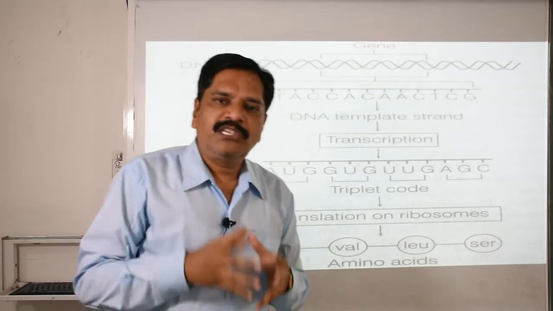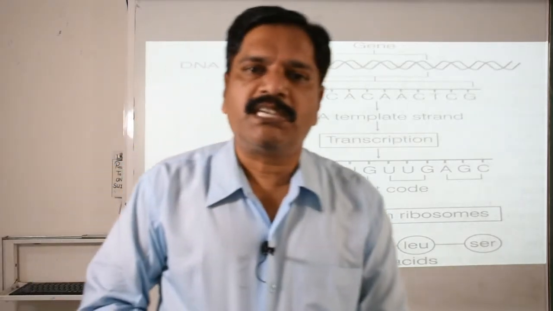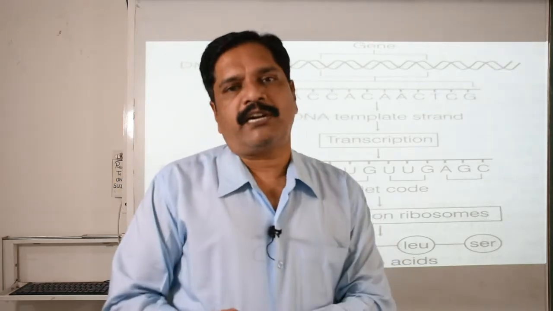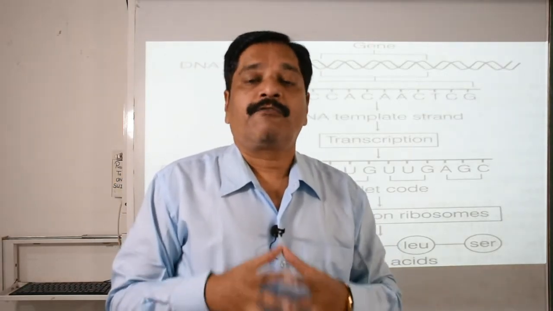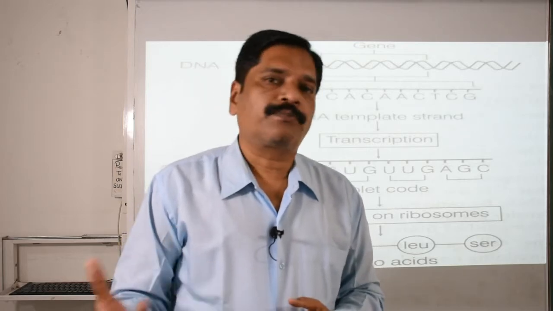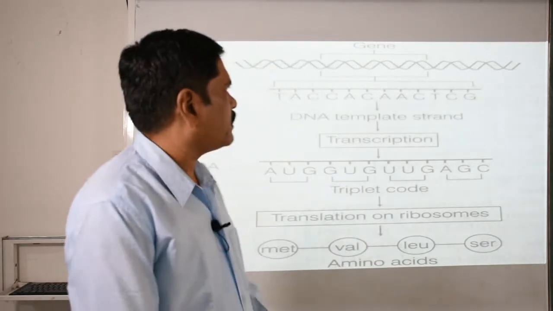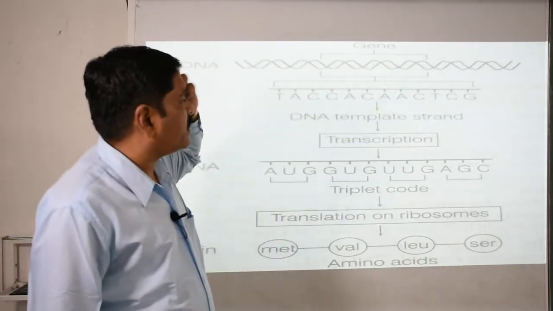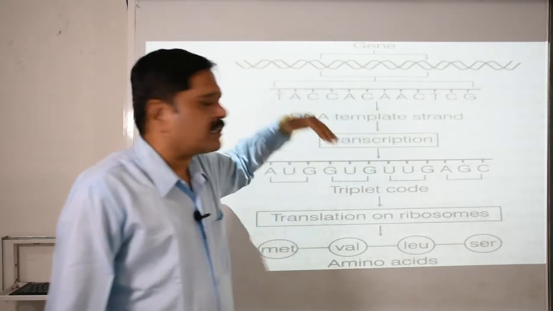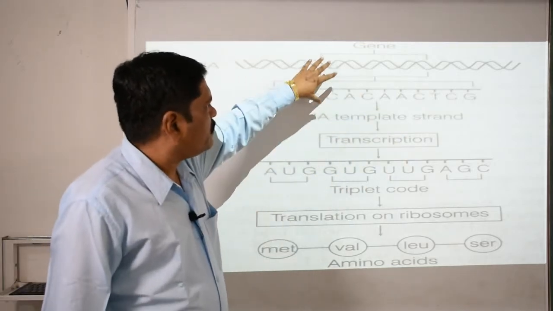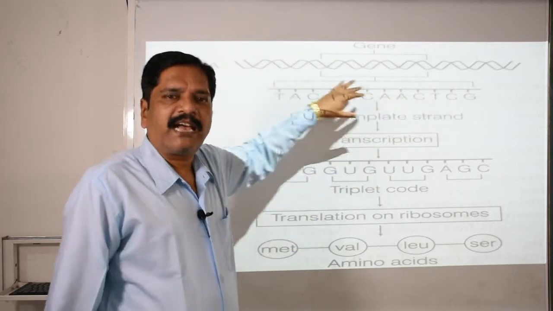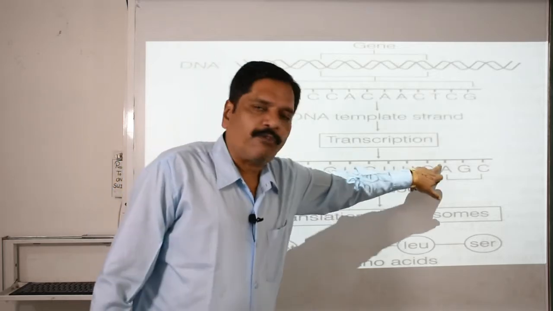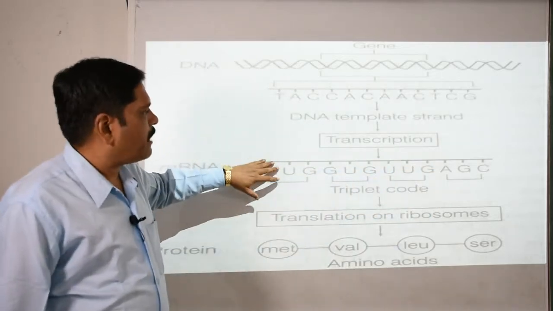What is a gene? A gene is a specific segment of DNA which is responsible for coding a specific series of nitrogenous bases for the formation of a polypeptide chain or protein to perform a particular function, right. So this DNA strand has particular genetic information in the form of nitrogenous bases in a specific series, okay. Then, using any one strand of this DNA as a template, this information is coded in the form of a single strand, called the mRNA, okay.